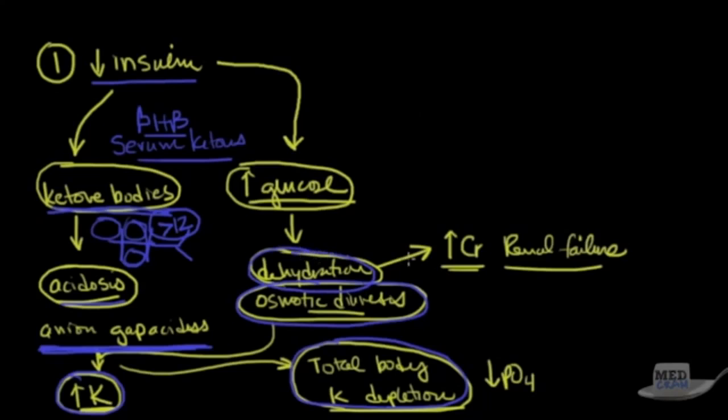Because of the osmotic diuresis, you'll see an increased creatinine because of dehydration. And of course, you'll see a high glucose, which is one of the things that we all look for, but may not be there. You'll also see sometimes a low phosphorus, sometimes a normal phosphorus. So these are the hallmarks of somebody presenting with DKA. Let's talk about how we treat that coming up here next.